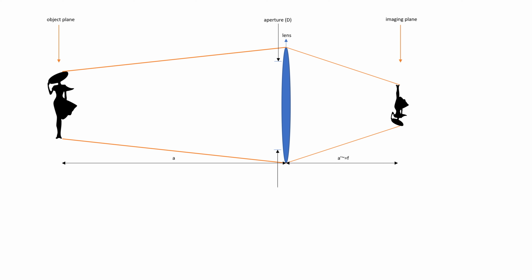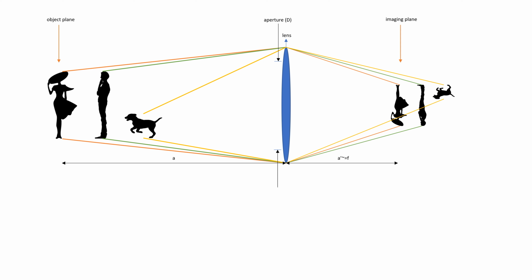So basically, the focal length tells us the distance from the lens to the imaging plane that is in focus. From this, it follows that objects at different distances from the lens on the object plane will be formed at different distances on the imaging plane too, where change in z is the distance of the objects from the imaging plane.